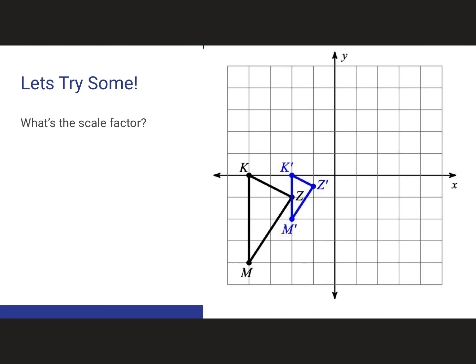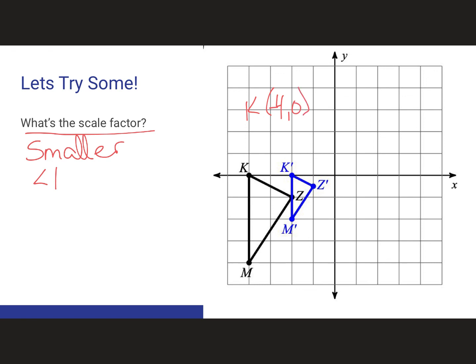Okay, now let's look at the other way. This time we're being asked, what is the scale factor? Notice we have to know that this is our original, this is our image. We know because it has the prime after it. So I can tell that it is getting smaller. So it must be less than 1. So let's look at K starts out at the point -4, 0.